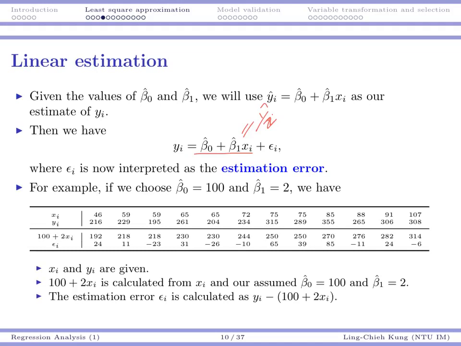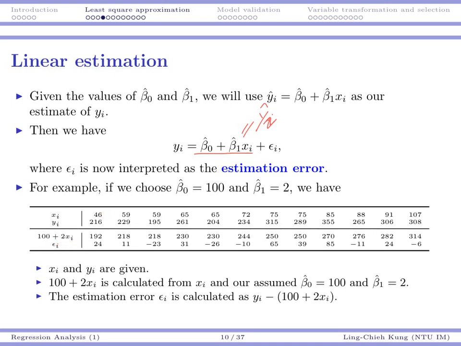For example, suppose someone suggests that beta 0 is 100 and beta 1 is 2. Then this gives us a formula. So for each xi, this is our sample data. For each xi, I can plug in xi to calculate 100 plus 2xi.